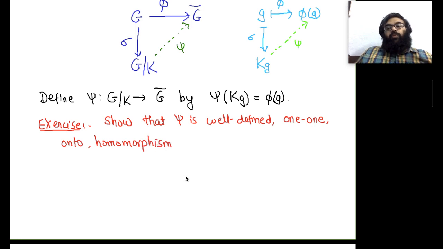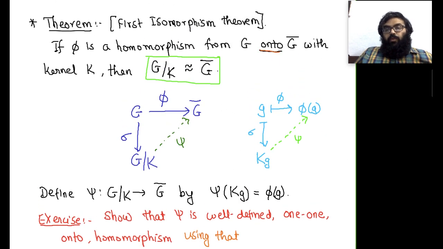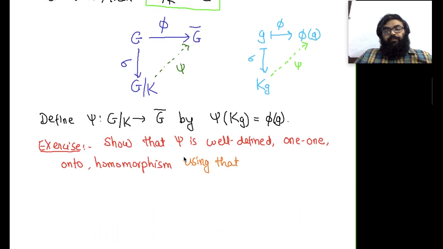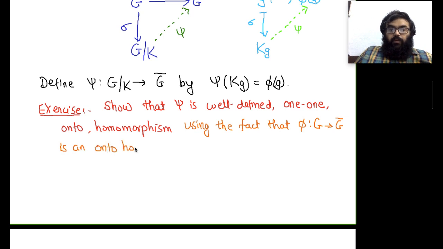These are the things we want to show. That is left as an exercise: well defined, one-one, onto homomorphism, using the fact that we are given that phi is an onto homomorphism from G to G bar. So this much we are given.